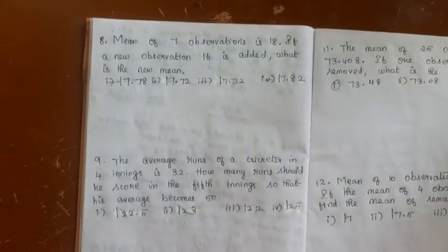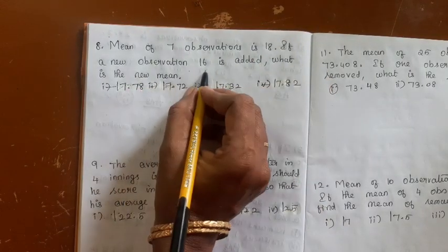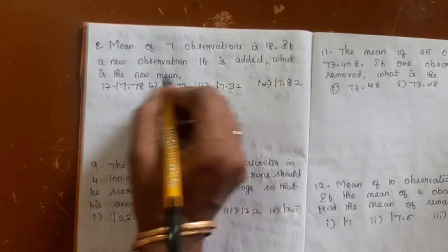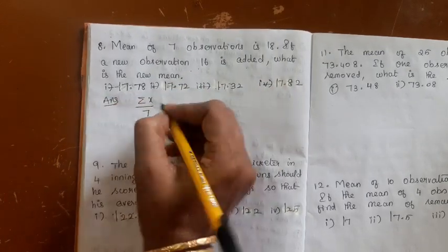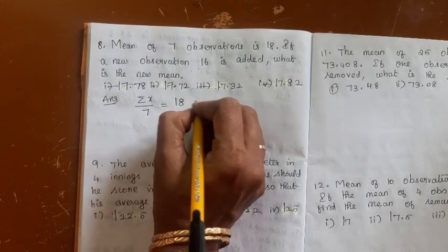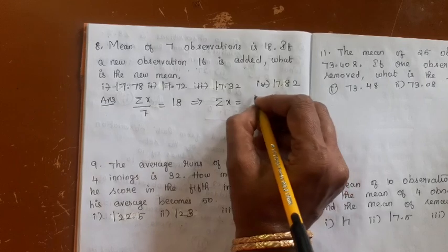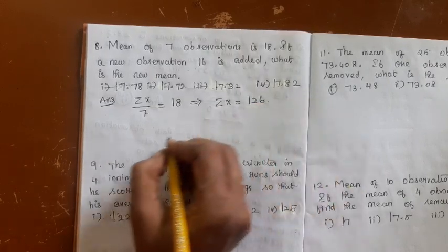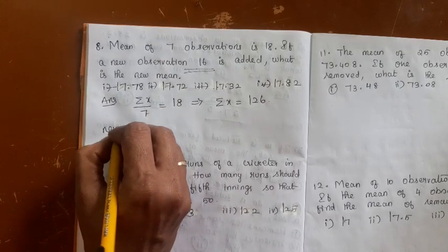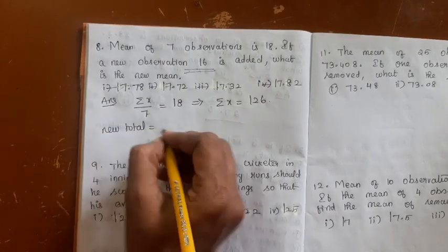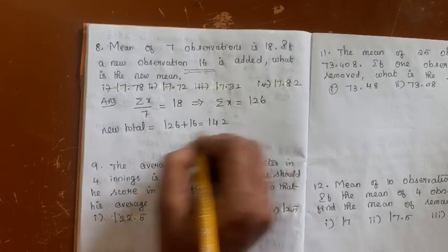Now the next question. Mean of 7 observations is 18. If a new observation 16 is added, what is the new mean? Mean of 7 observations, sum of observations divided by 7 is 18, which implies sum of observations is 7 into 18, 126. Now a new observation 16 is added, so the new total is 126 plus 16, which is 142.